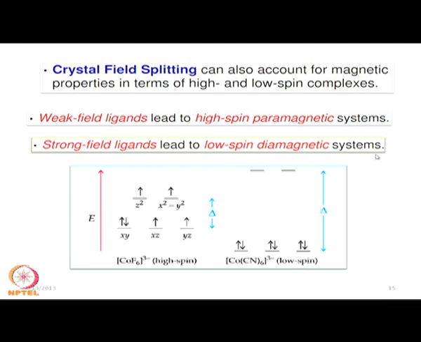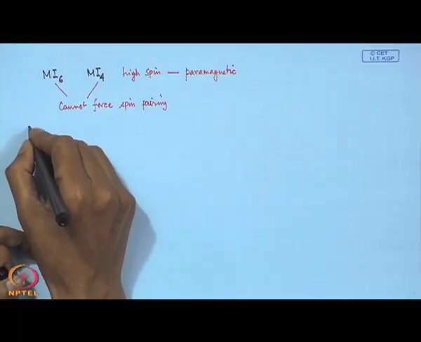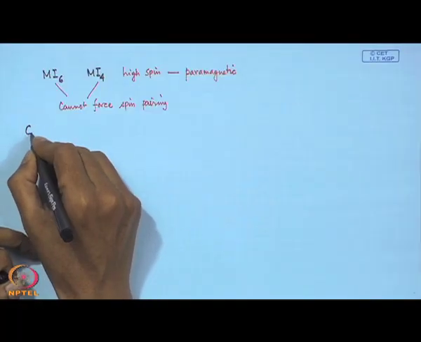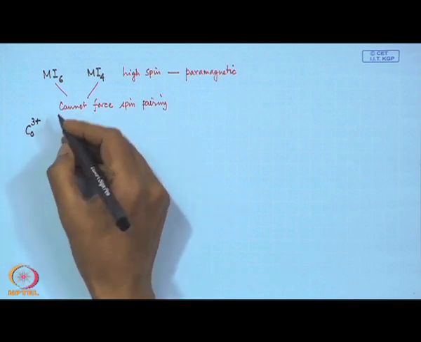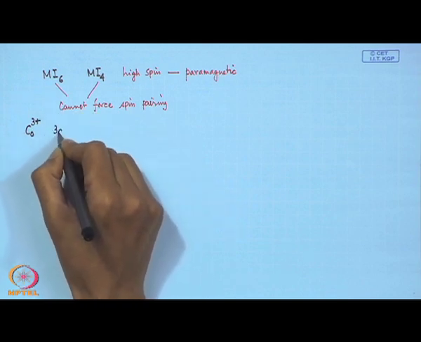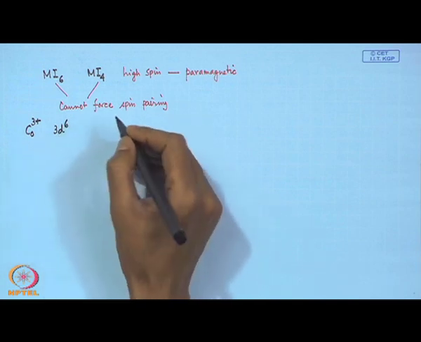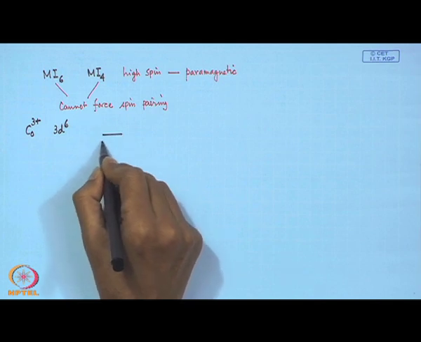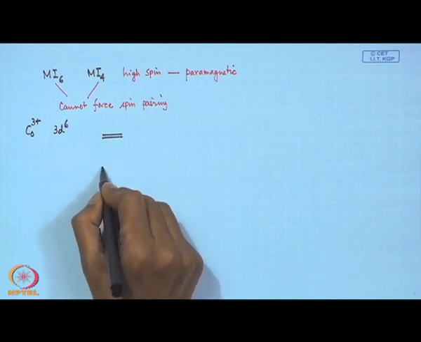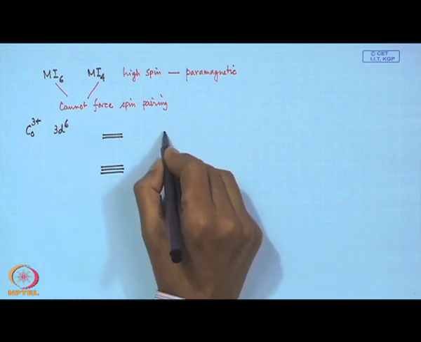So, in this situation, cobalt 3, which is the trivalent cobalt, is a 3d6 situation, and we can have the levels like T2G and EG.